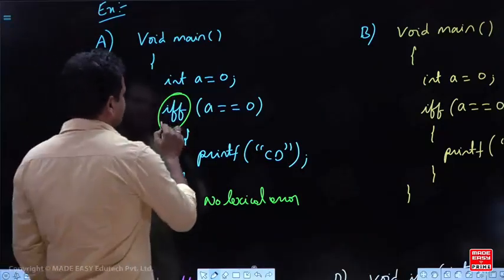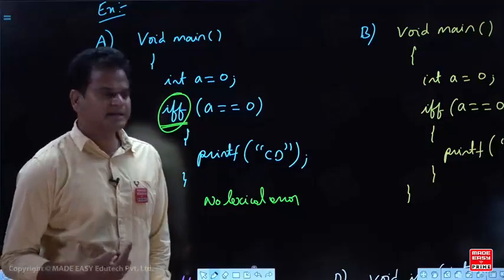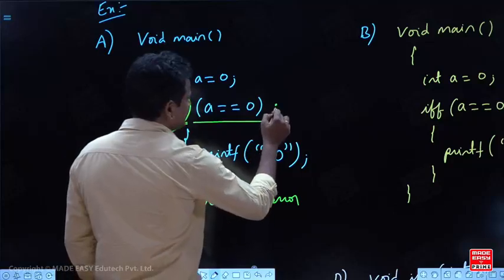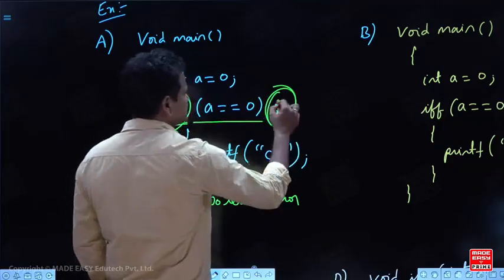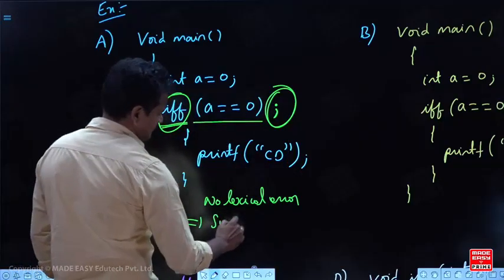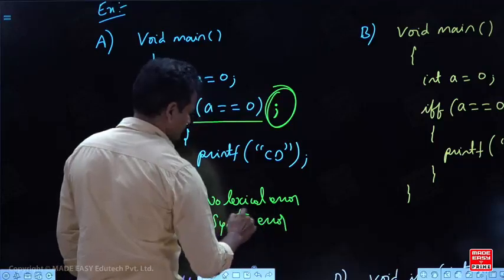So here IFF will be considered as a function name. Whenever you are calling a function, it must be terminated with a semicolon. But here, no semicolon is present. So it is a syntax error.